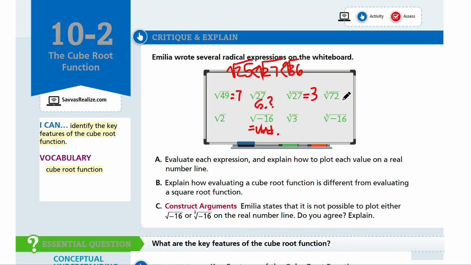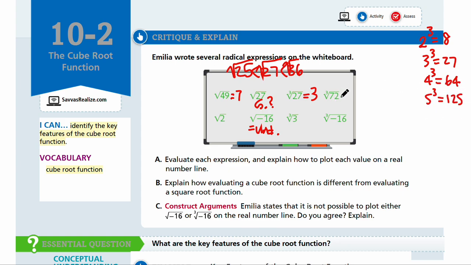And then cube root 72, we can also use the same method where we compare the closest perfect cubes. So think about the perfect cubes. 2 cubed is 2 times 2 times 2, 8. 3 cubed, 27. 4 cubed, 64. 5 cubed, 125, right?